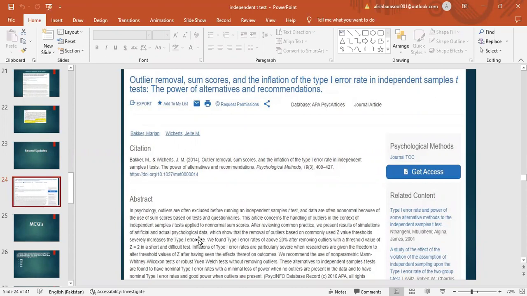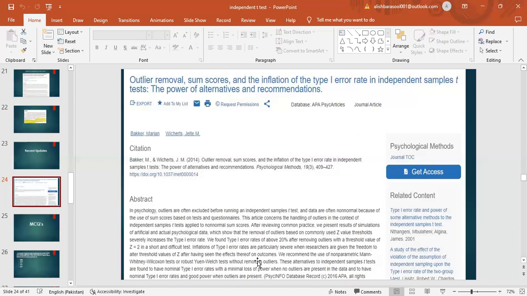severely increases the type 1 error rate. We found type 1 error rates of above 20% after removing outliers with a threshold value of z equal to 2. In a short and difficult test, inflations of type 1 error rates are particularly severe when researchers are given the freedom to alter the threshold values of z after having seen the effects and outcomes.